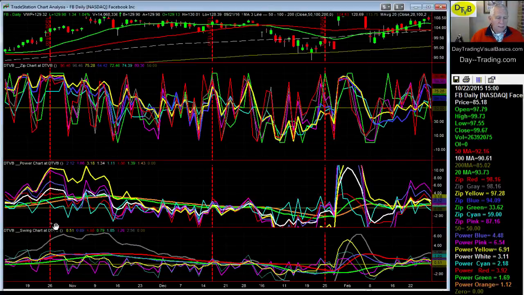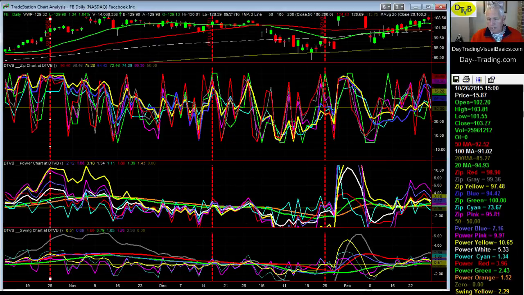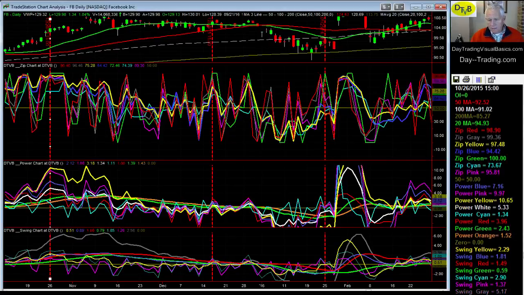But it's been climbing for a couple of weeks now, and the swing gray is at 5.1, so that's fairly strong. It's getting into that strong range. It can go much higher into that 12 or 15 range, but doesn't go over 10 a whole lot.